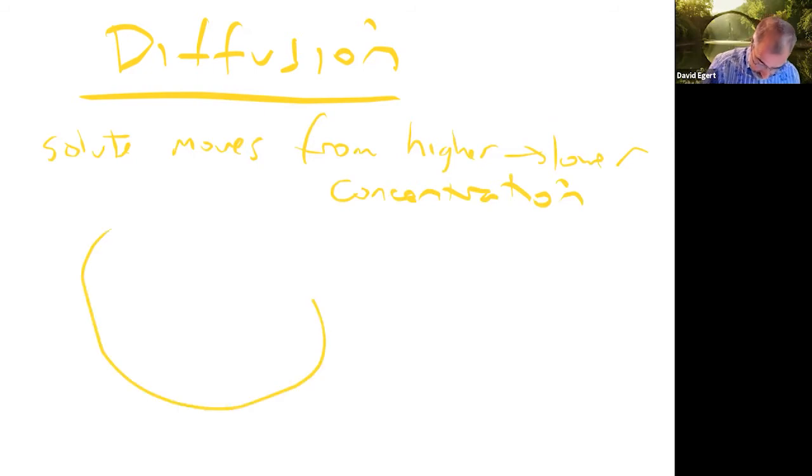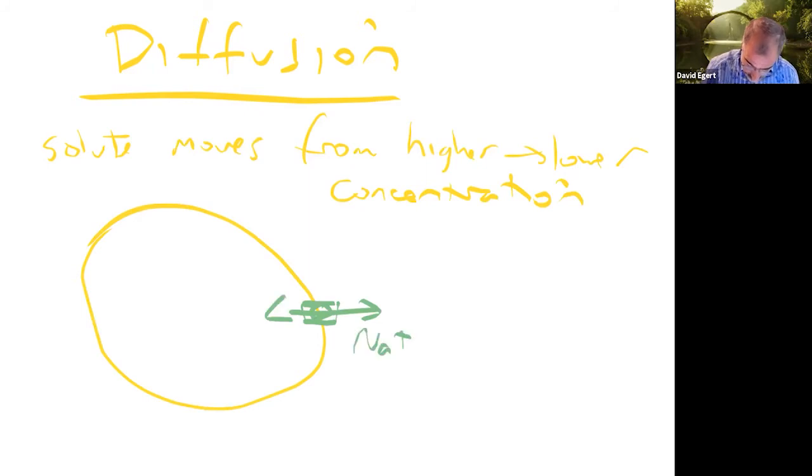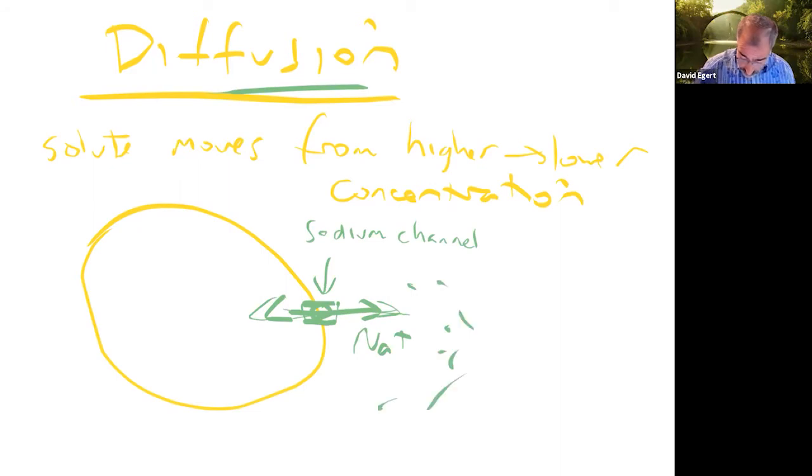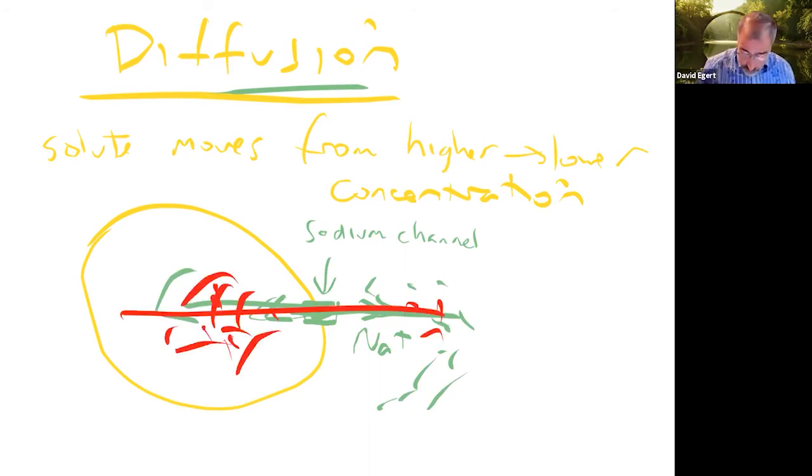Right, so if I have some cell with, let's say, some sodium channel here, if I'm just thinking about diffusion, this thing is just going to move in or out depending on its concentration gradient. If I have a whole lot of sodium out here and not much in here, the sodium will move in. If I had a whole bunch of sodium inside and not much out, the sodium would move out.